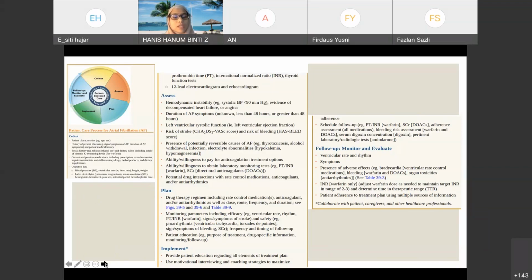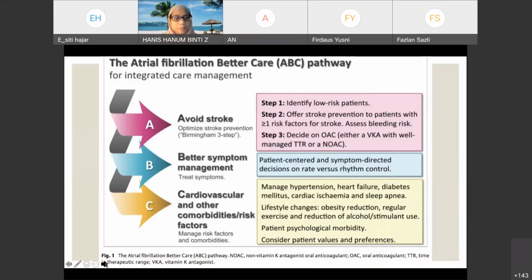Now, this is an atrial fibrillation ABC pathway that's been produced by my supervisors in England. It's very simple. It actually summarizes what you need to do in patients with AF. So you have your A, which is to avoid stroke, and how you want to avoid stroke.